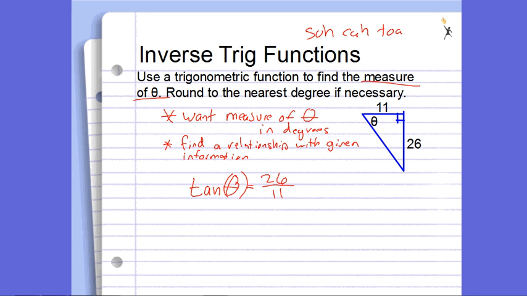I want to take the inverse function of tangent. If I take an inverse function of another function, what happens? They cancel. It's just like if I want to multiply, I divide. If I want to add, I subtract. So if I want to take a tangent, the way I get rid of it is take the inverse tangent. But guys, this is an equation. So whatever I do to one side, I have to do to the other.